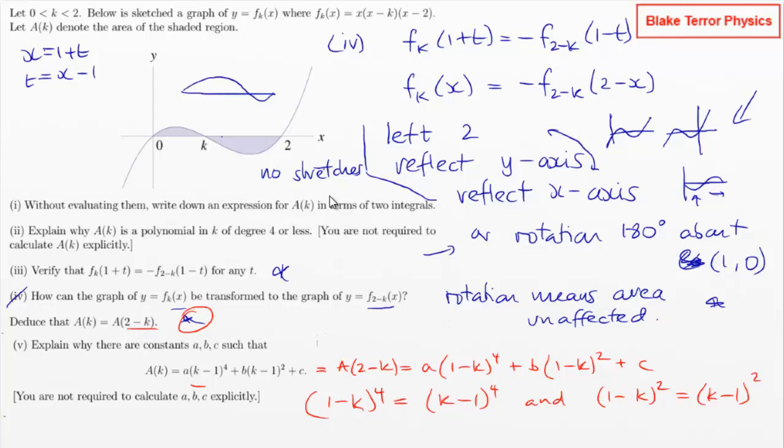Then we say something about how that function can be transformed without changing the area, and then using that to say something about that polynomial degree 4 or less. So it's a path here, but it's an unfamiliar path. And one of the things with doing the MAT is getting more comfortable with walking those unfamiliar paths.